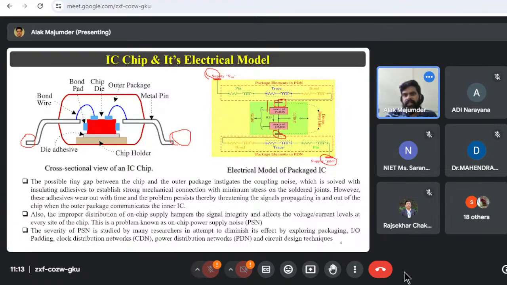This entire current will also flow through the PDN, so the moment it flows across R and L, it creates a certain drop. Depending on that drop, we can estimate what my ground potential should be, whether 50 millivolt, 60 millivolt, or something else.